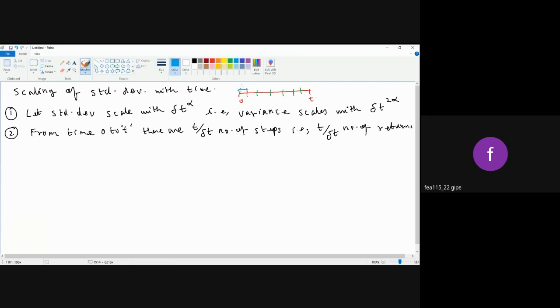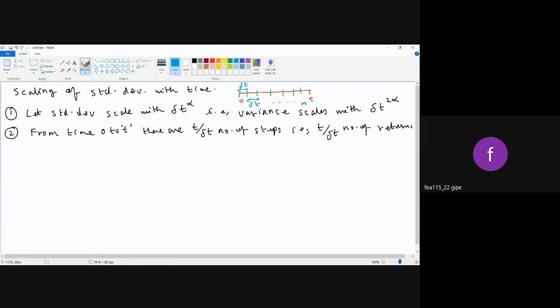Now I have these delta t's, and these delta t's are m in number. So if I have this total time from 0 to t and I split it into m steps of delta t each, there are t upon delta t number of steps. Accordingly, there are t upon delta t number of returns.